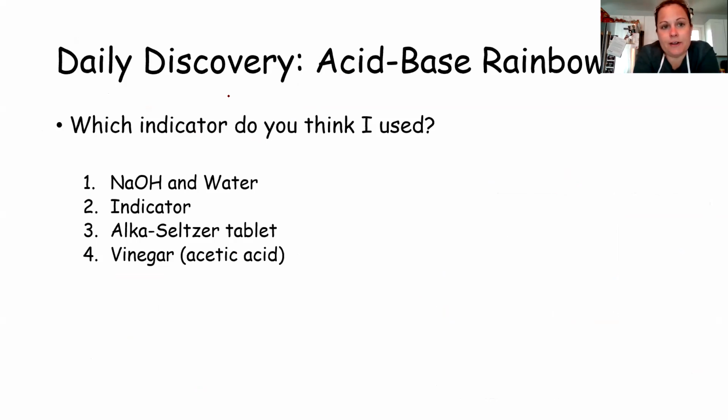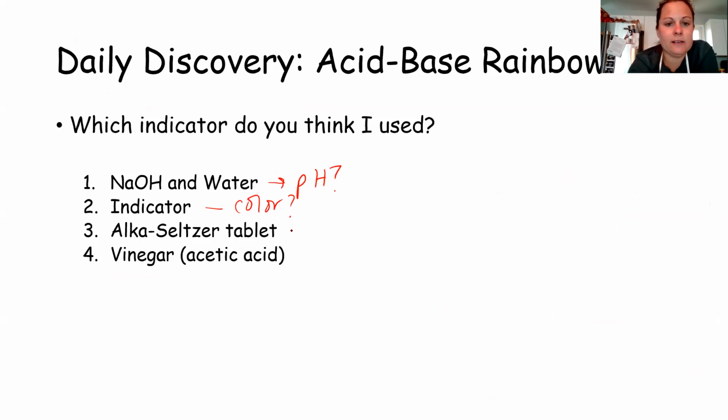So what you might want to do is rewatch the demo and think about what would this pH be and what color did it turn when I added this indicator.